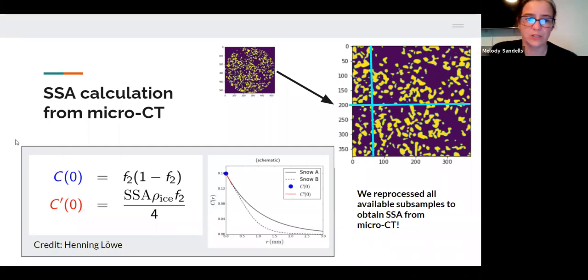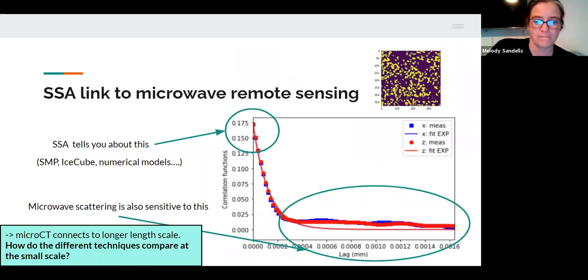So we reprocessed those 65,000 samples, and on the next slide we have just the autocorrelation function plotted for that particular section. We know we can derive SSA right at the origin. However, the correlation also varies as a function of distance.